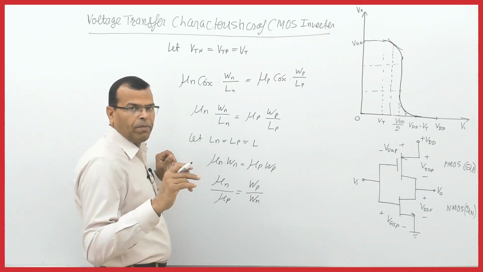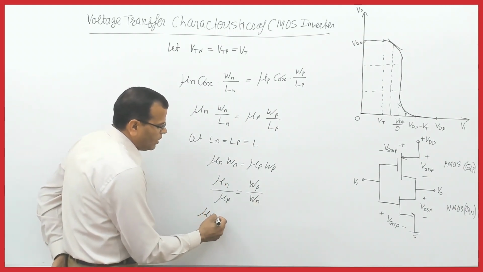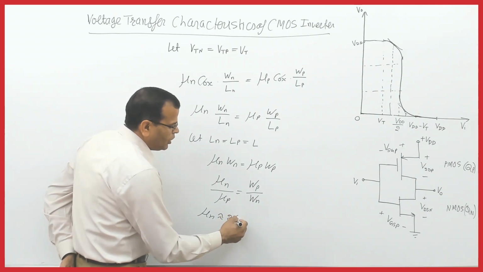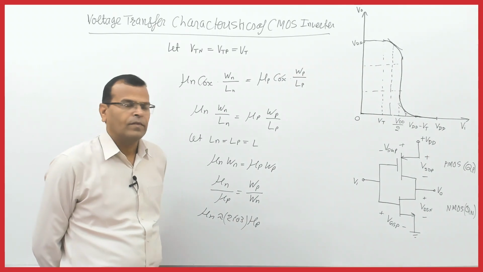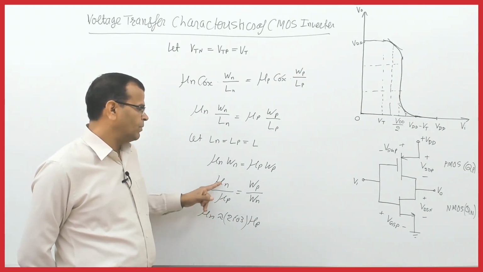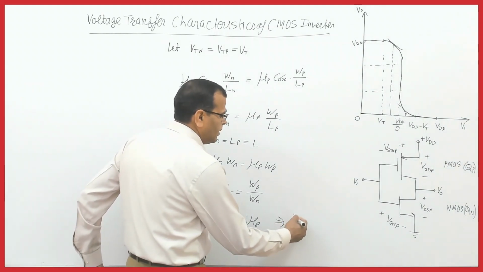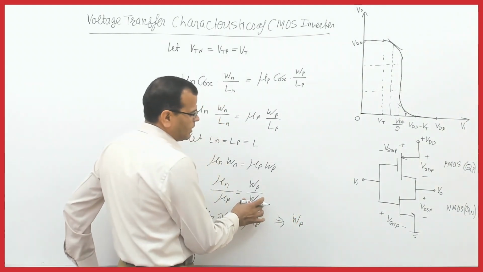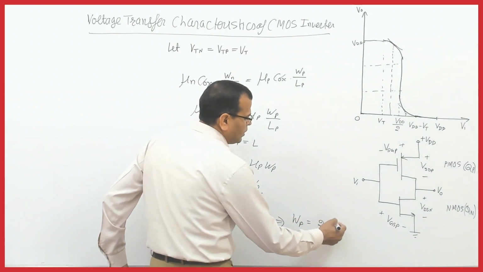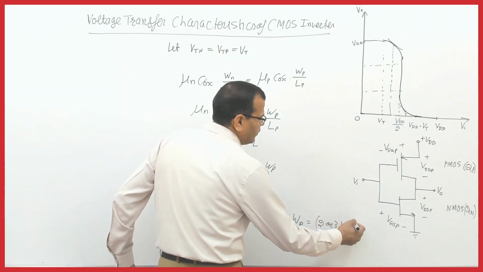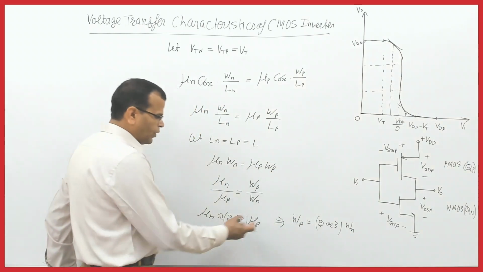If you remember the semiconductor theory, the mobility of electrons is 2 to 3 times the mobility of holes. If it is 2 to 3 times, this implies the width of the channel of PMOS, we can say, is 2 to 3 times the width of the channel in NMOS. That is what you have.